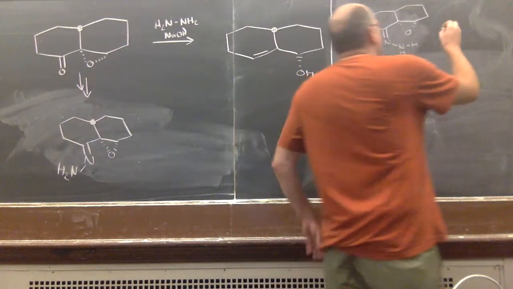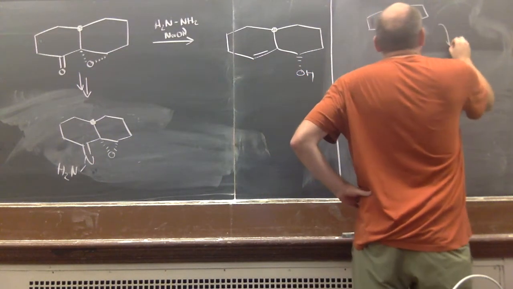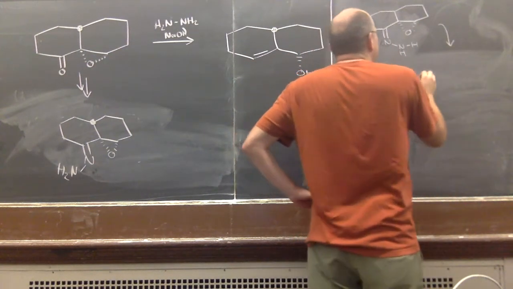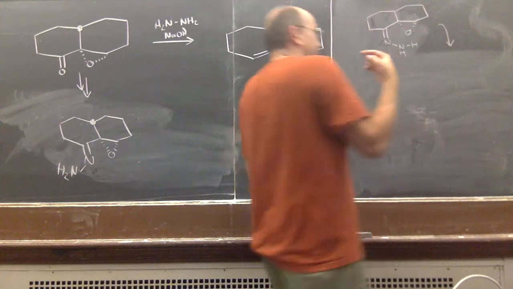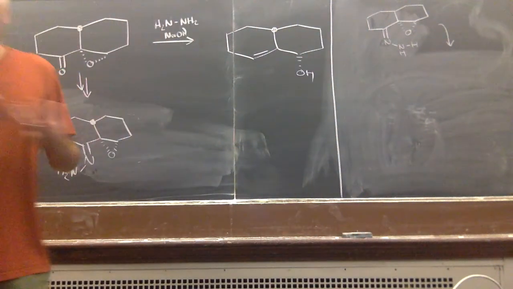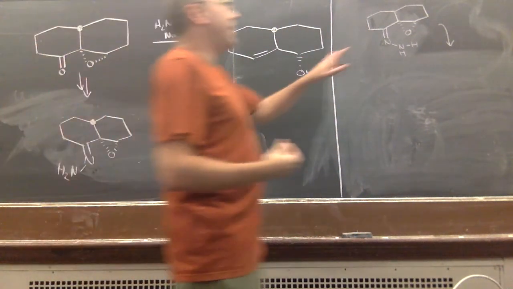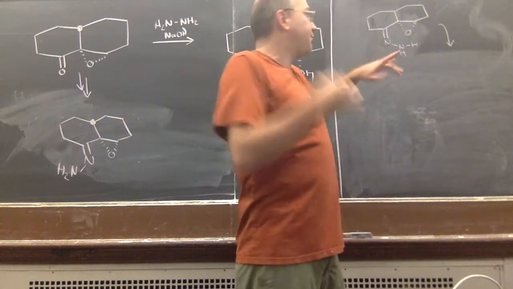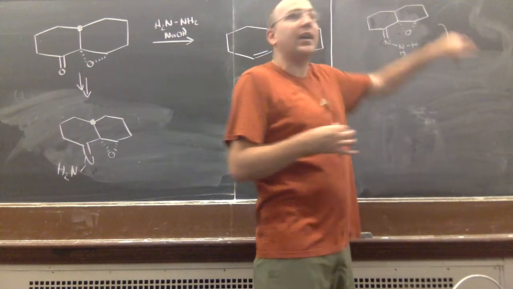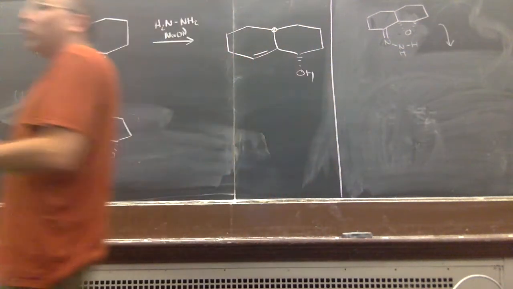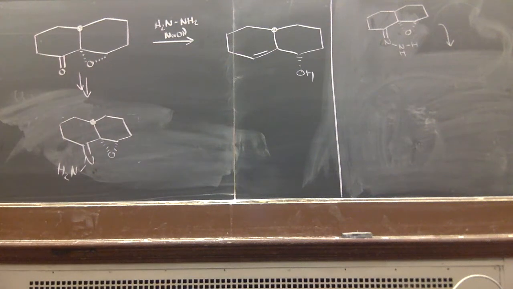So one of the mechanisms that I saw did something like this. The person clearly recognized, so there was some good problem solving going on here, that the epoxide wanted to be open. They recognized that there was a proton source that might help assist in that opening.